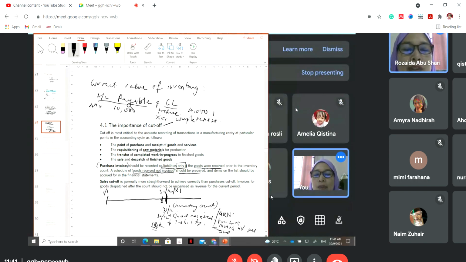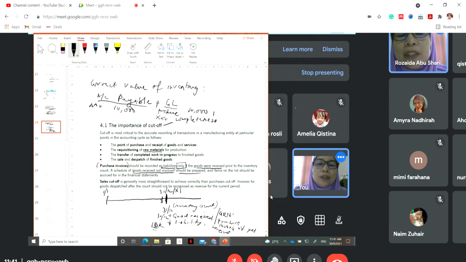Okay, thank you. So sales cut off is generally more straightforward to achieve correctly than purchase cut off. Invoices for goods dispatched after the count should not be recognized as revenue for the current period. Dia terbalik dengan purchase.